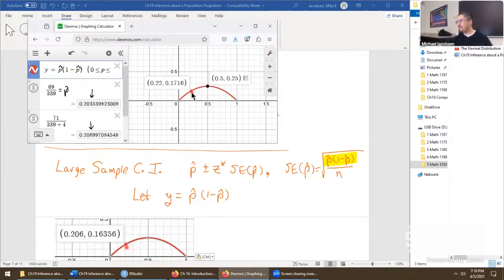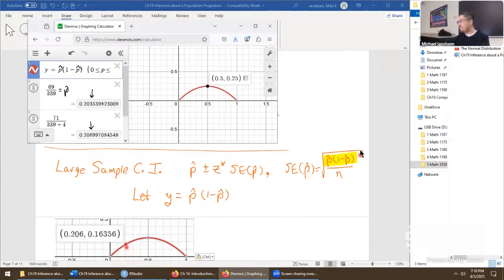So let me try one more time. We hit 0.203, right about here. That's close, 0.16238. Now go up to 0.206. That's really hard to hit. Well, somewhere out here, that's pretty close. It goes to a higher value, 0.16298.